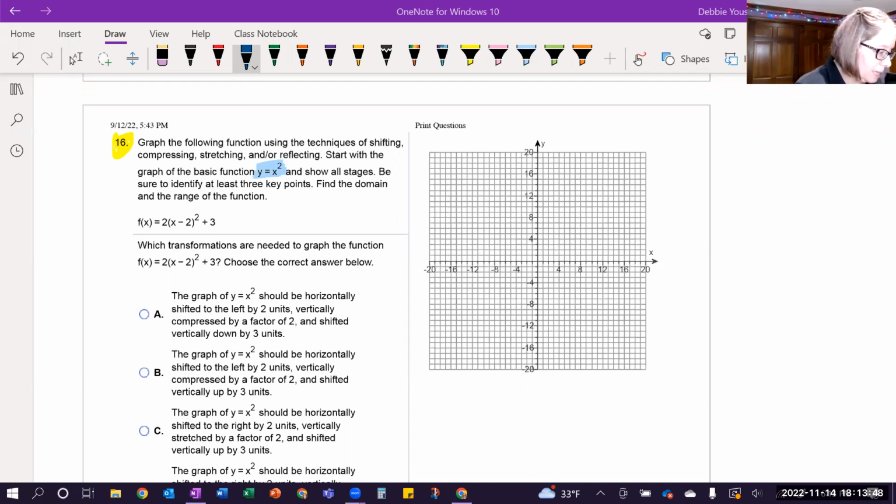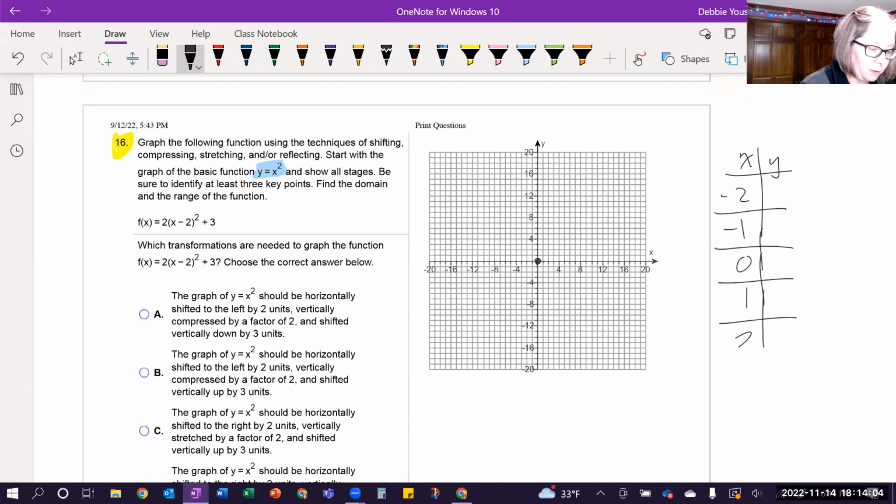So this y equals x squared, if I was graphing that, is centered at the origin. I'm just going to make a little chart over here, and go out to a couple negative values and a couple positive values. If I square my input values here, when I square -2 or +2, I get an output of 4. When I square -1 or +1, I get an output of 1. And when I square 0, I get 0.